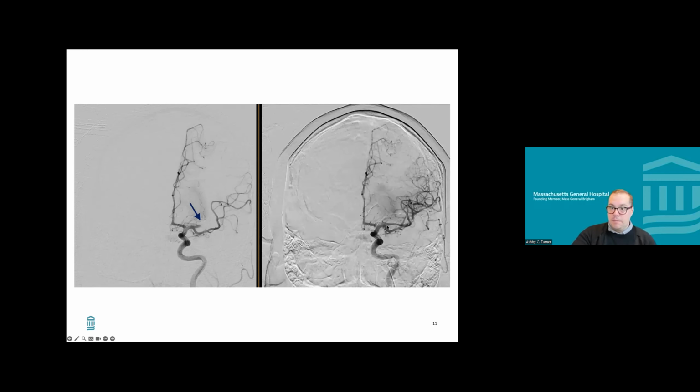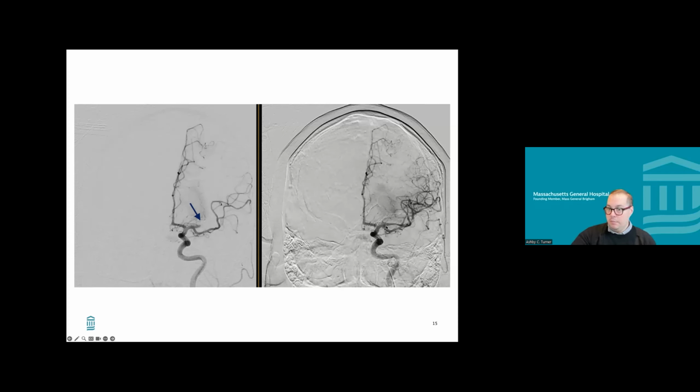This is another view of the same vessel here, and you can see that now the blood flow has been restored through this vessel, and we're seeing more vessels filling. This is just one cut. This is a dynamic view. So if we were to continue to watch this as a video, we'd likely see the remainder of these vessels filling in this area.